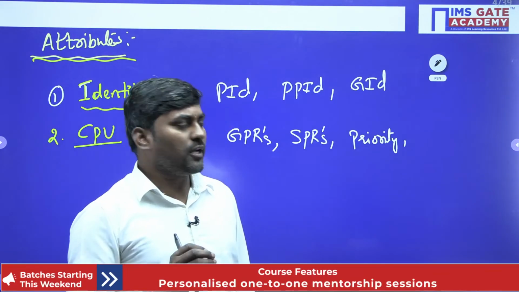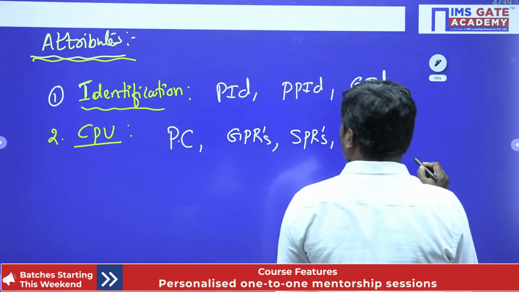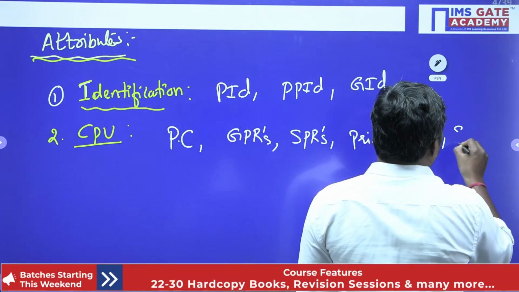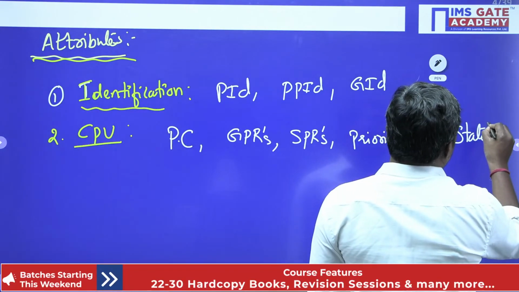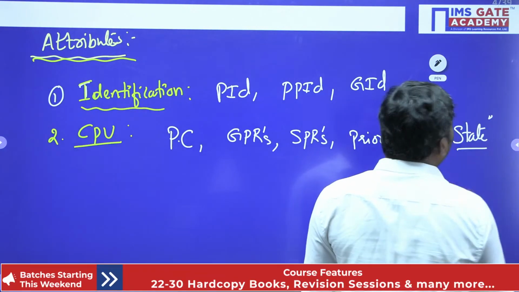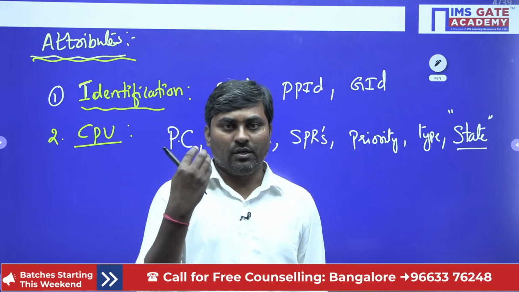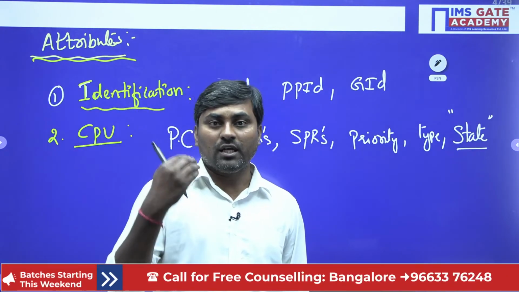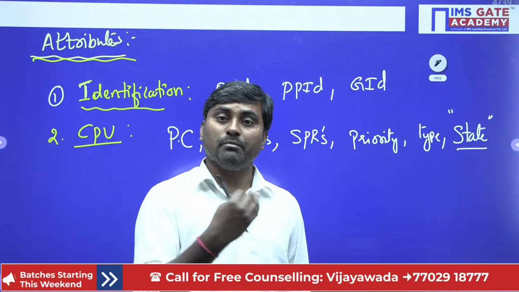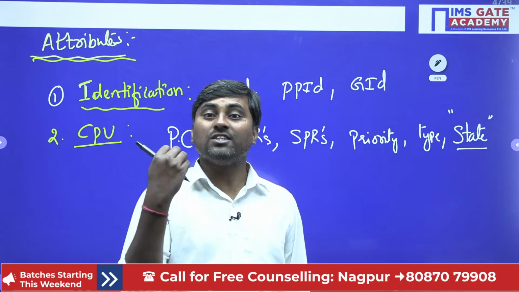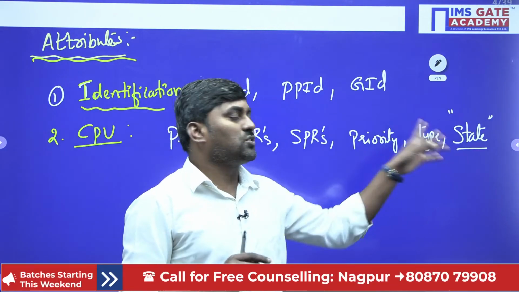Next is the type of a process, which I mentioned, and the state, which is very important. The state of a process defines the current activity of the process: is it waiting for something, is it executing, or is it in memory?